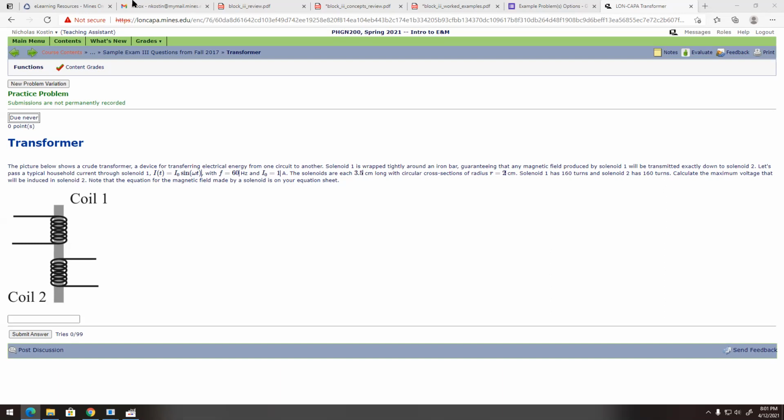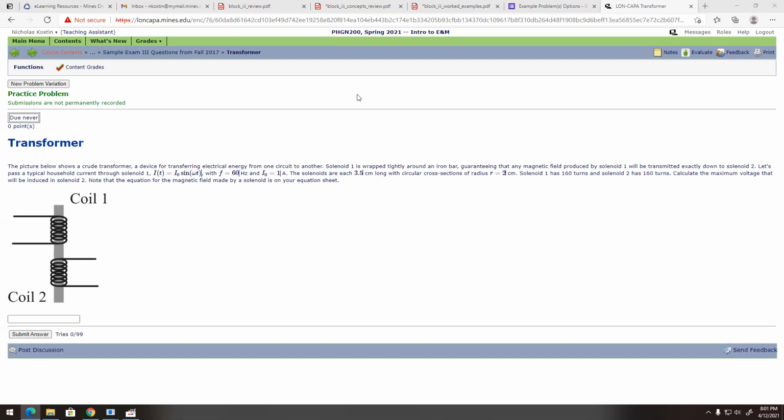Is this the transformer question that you meant from the 2017 exam? Okay, cool. Let's do the transformer question real quick, and then we can do the 2011 FRQ, if that sounds good to people.